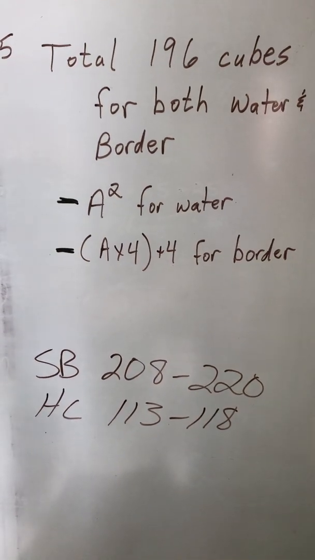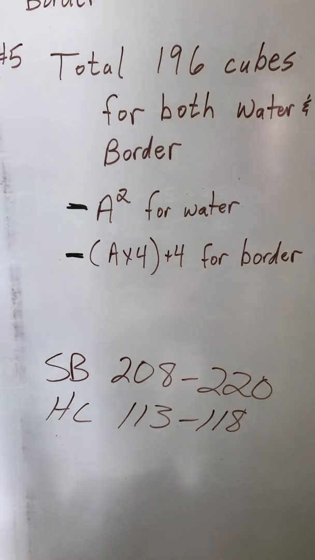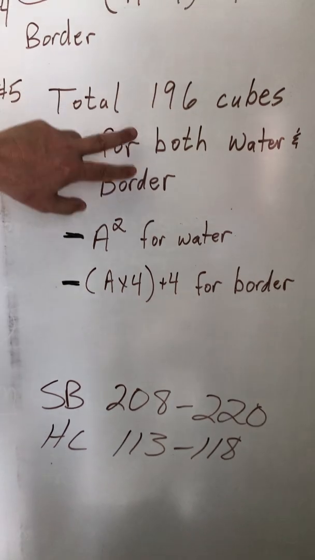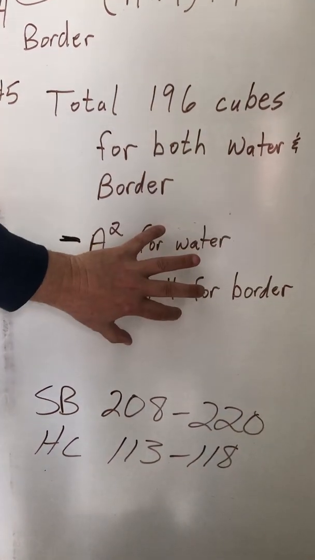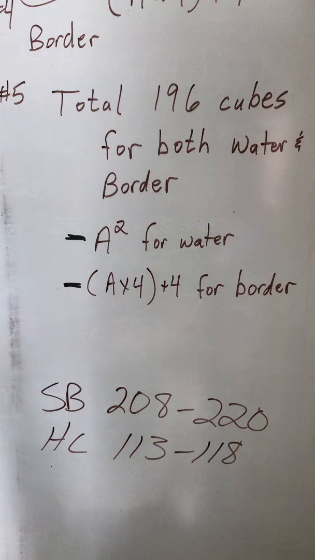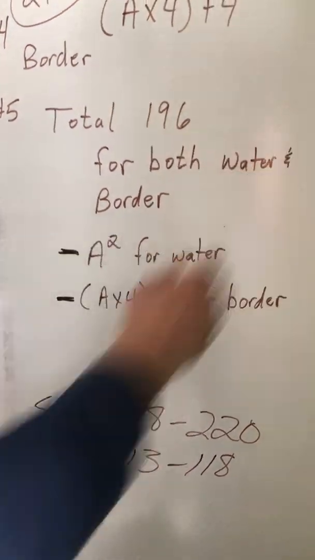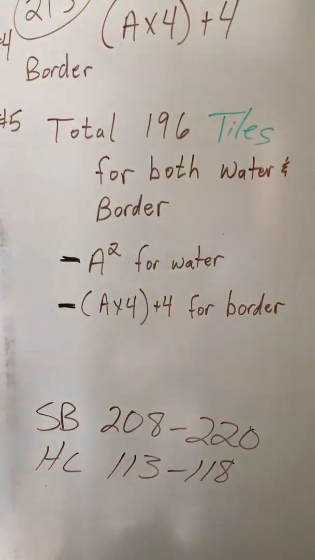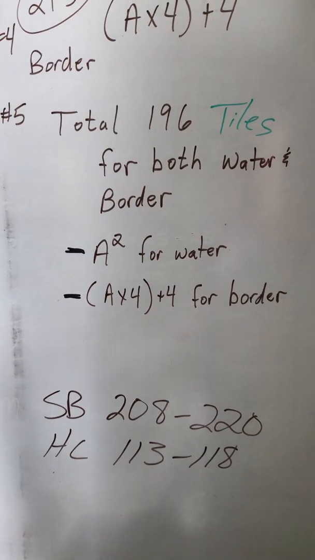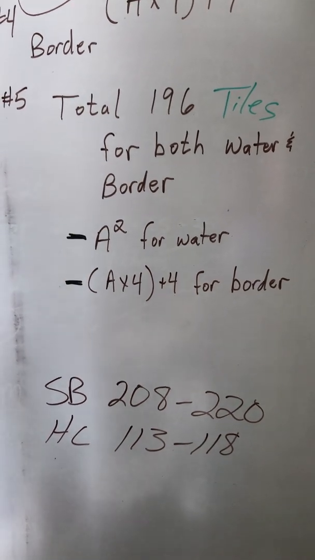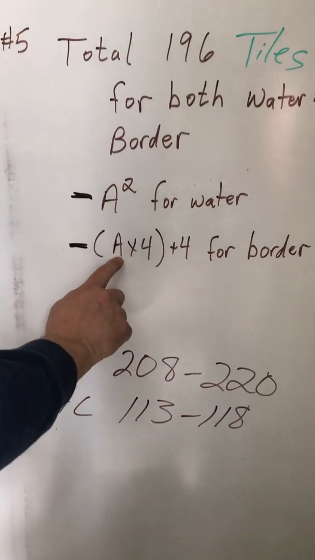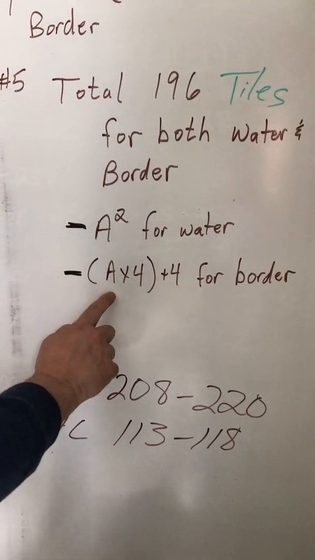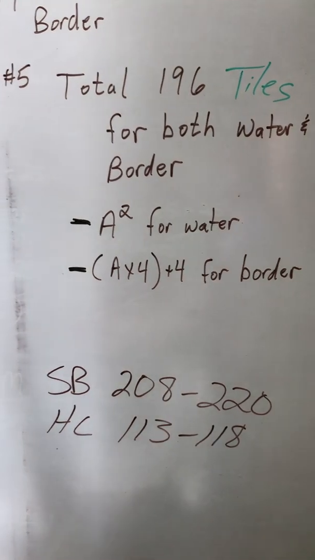Remember those formulas for water and for the border, because you're going to have to use both of these to figure out which arrangement with these together uses 196, I guess this should say tiles. I don't really call these cubes, but tiles, okay? 196 tiles for both water and border. So these A's in here, when you figure out these together equal 196, this arrangement and this arrangement should be the same one, okay?